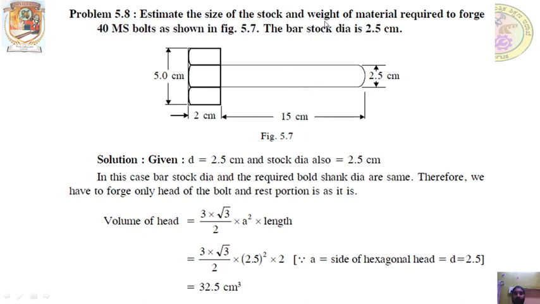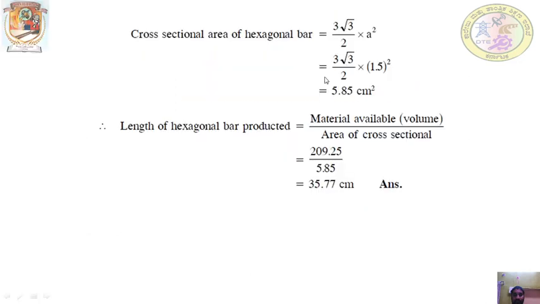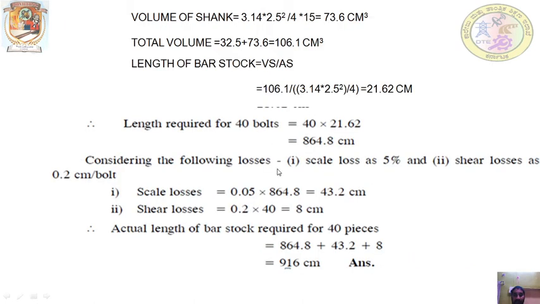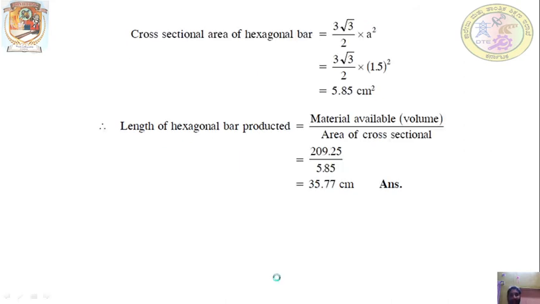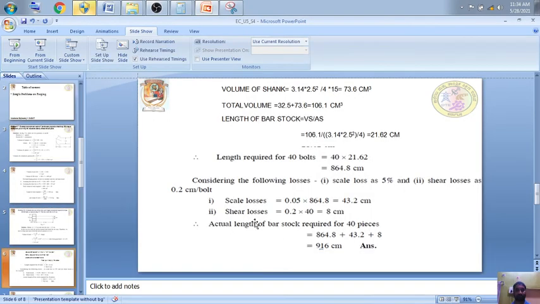Now we need to find the weight of the material required for forging 40 bolts. In order to find the weight, we have to assume the density.